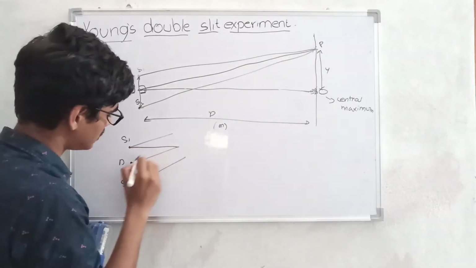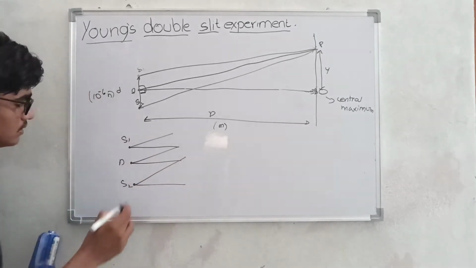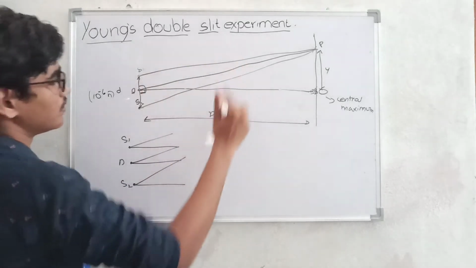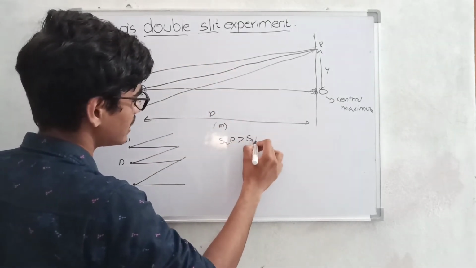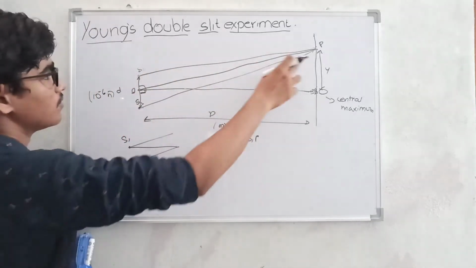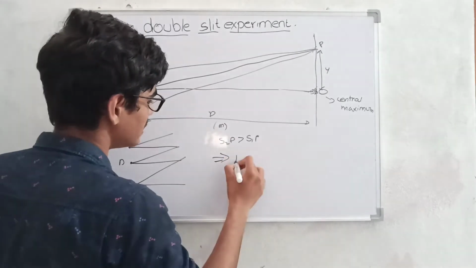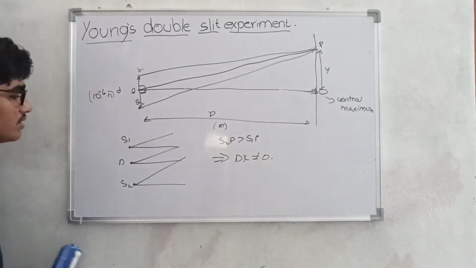Draw horizontal lines to all these three rays. We observe that S2P is greater than S1P. That means there is a path difference, which is not equal to 0.